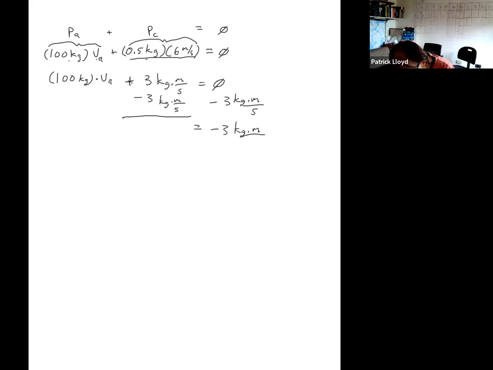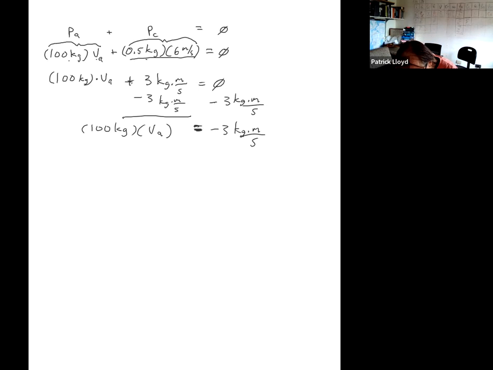Don't worry about that being negative. It turns out we need that to be a negative. 100 kilograms times the speed of the astronaut, I'll put it all in parentheses there. All I did was subtract 3 from both sides so that you have 100 times the speed of the astronaut all by itself.